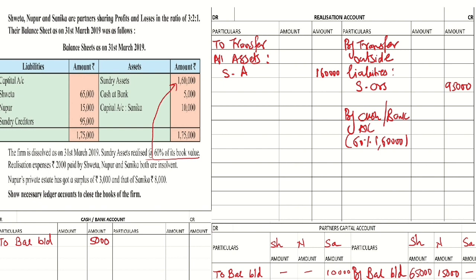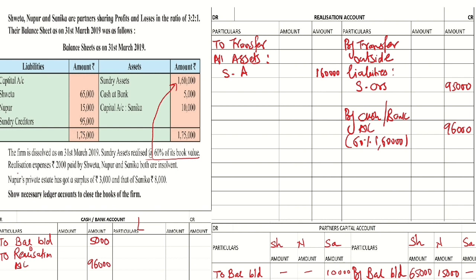So we record on the outer column 96,000, and this 96,000 we are receiving. So its second effect goes to the cash account debit side, to realization account, outer column 96,000.